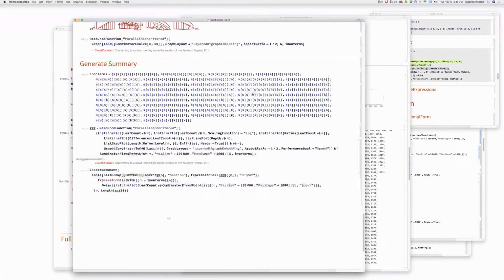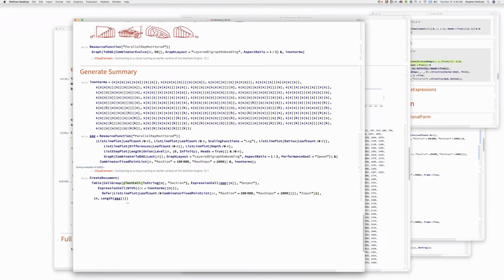Oh, great, and it's not interruptible. Oh, yes, it is. Okay. Oh, no. Look at that. I think it just killed the whole thing.